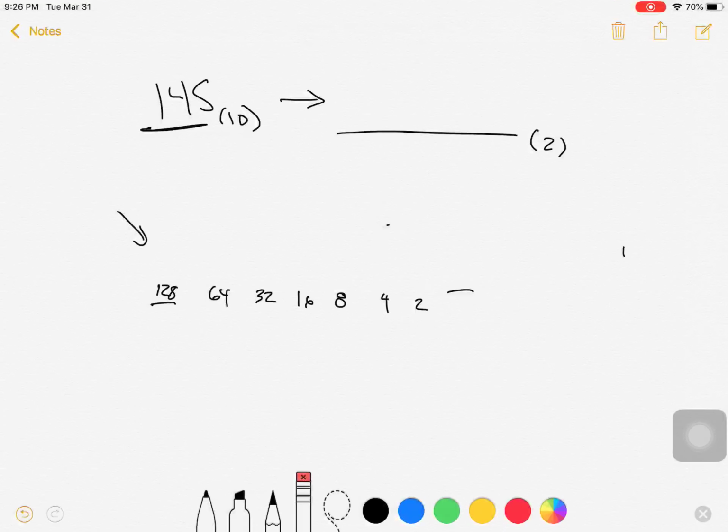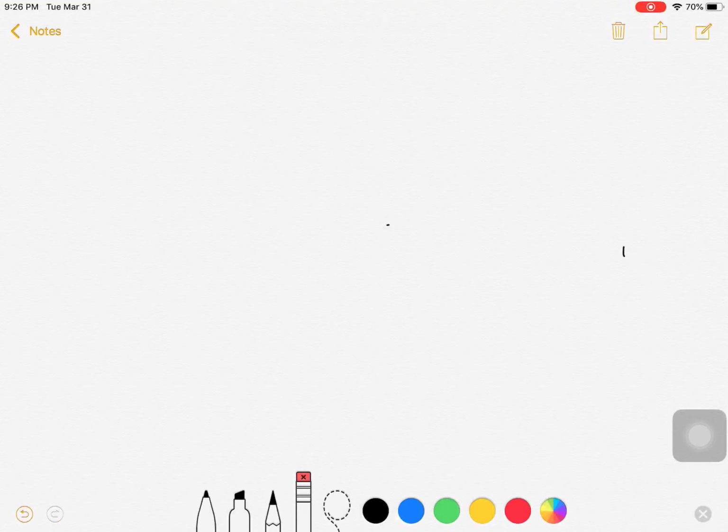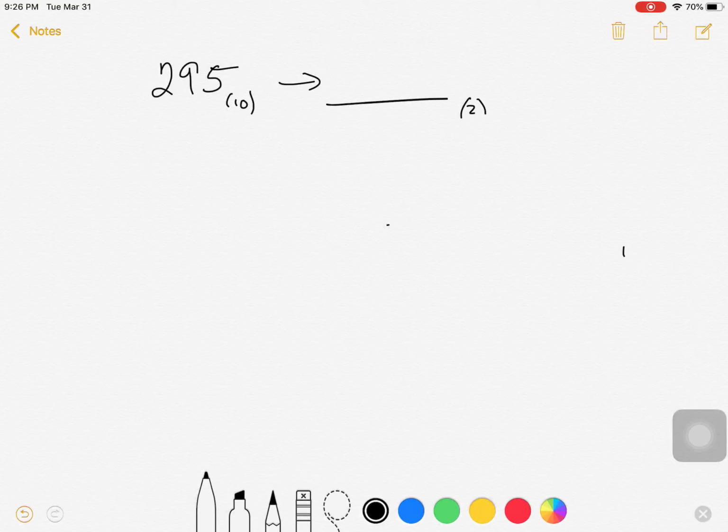Let's go ahead and do another example here. So let's say 295 in base 10, and we're going to convert that to some number in base 2. So I'm going to do the same system.